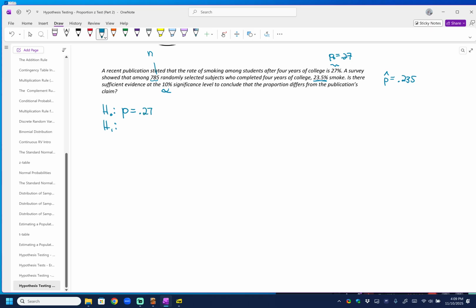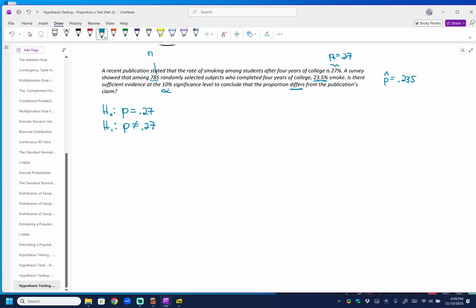We also now are looking for any type of word that would signify left or right. You're actually not going to find that anywhere. Instead, they do even give you a bigger clue by using the word differs, which implies not equal to. So we have p is not equal to 0.27, and we have our first two-tailed test for the p-value method.